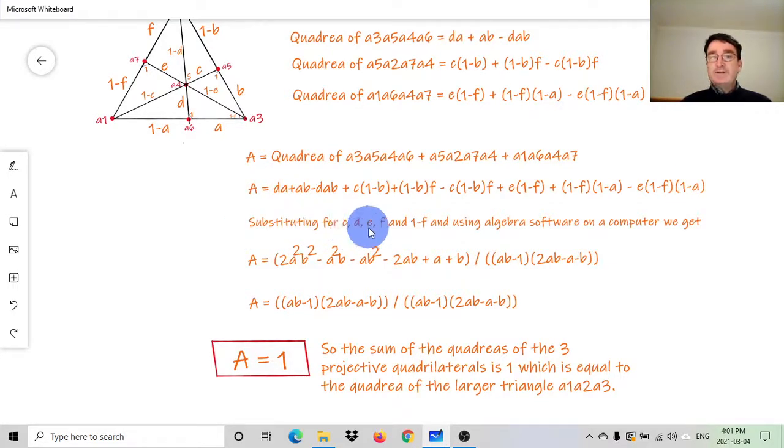Now we do the same thing. We substitute C, D, E, F, and 1 minus F, which we determined earlier, in terms of A and B. And using some linear algebra software and a computer, we get the quadria of the sum of these three projective quadrilaterals is equal to this expression.